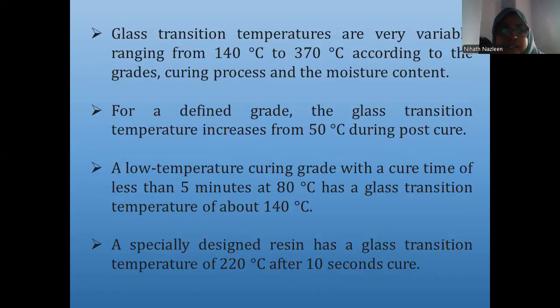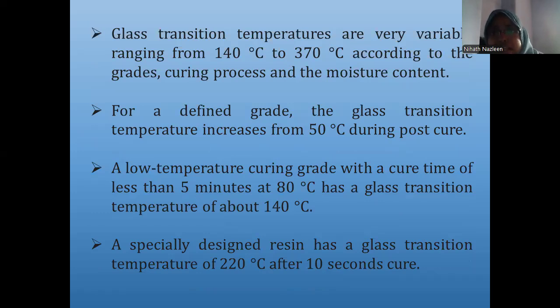Initially, when you are preparing a polymer, the polymer will be in the form of a flowing viscous state. Only in the curing process will the polymer change from a viscous liquid to a rubbery gel. The glass transition temperature is variable, ranging from 140 degrees to 370 degrees Celsius according to the grade, the curing process and the moisture content.